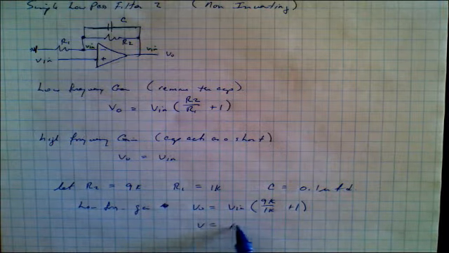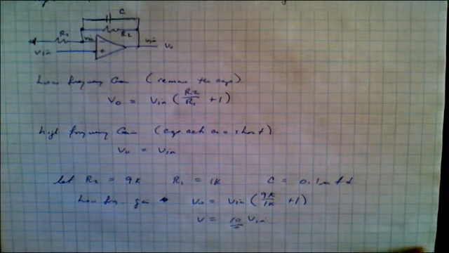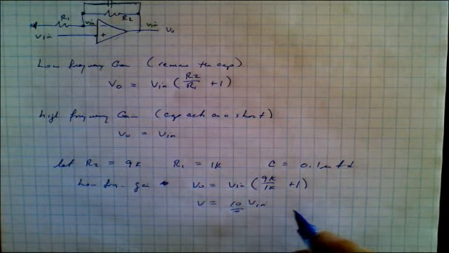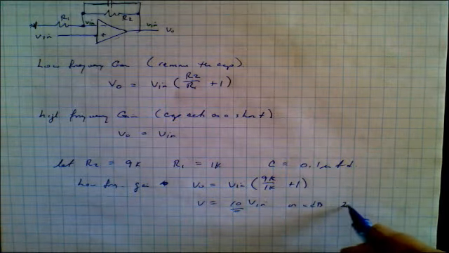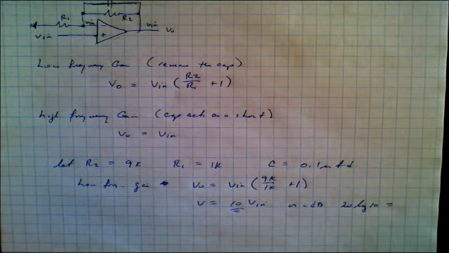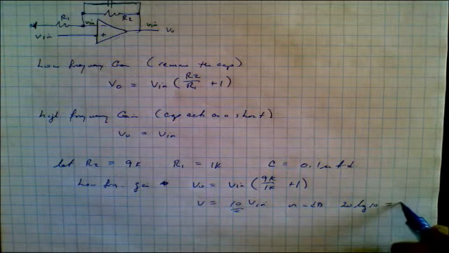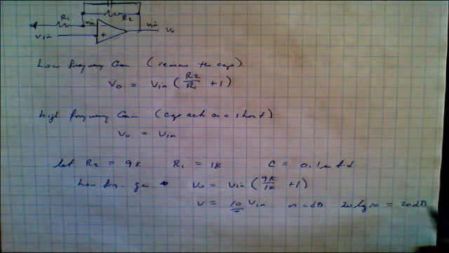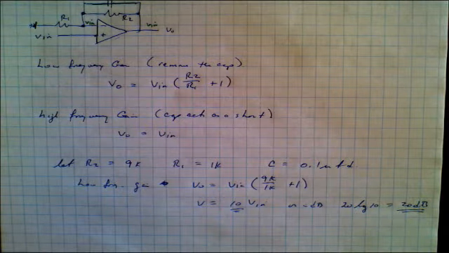VO is equal to 10 times Vn, and there's the gain. Now we can convert this to dBs, and you remember how to do that. We simply say 20 times the logarithm of 10, and the log of 10 happens to be 1, so we end up with 20 dB. So notice we have the same gain as we did in the previous circuit.